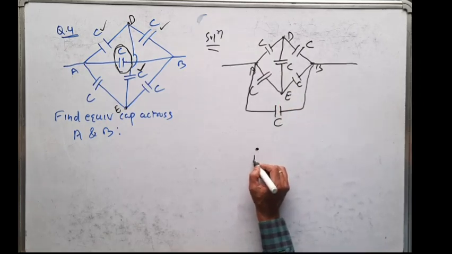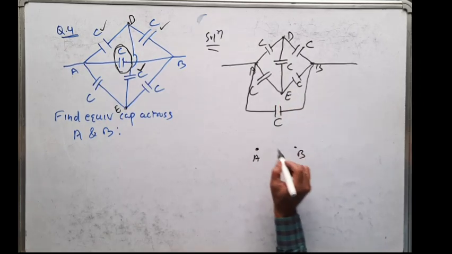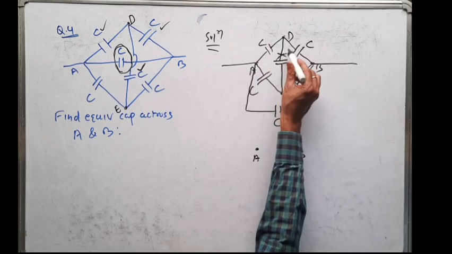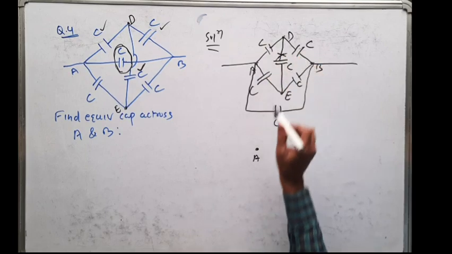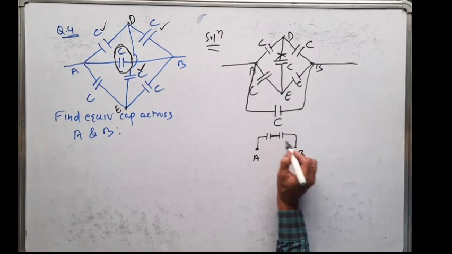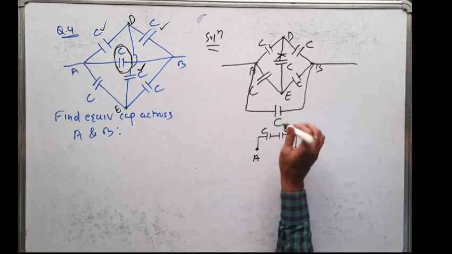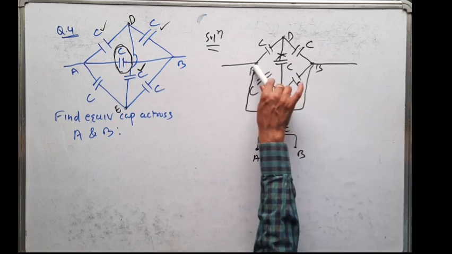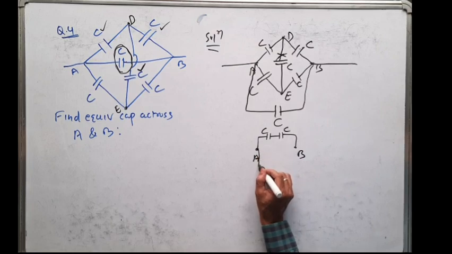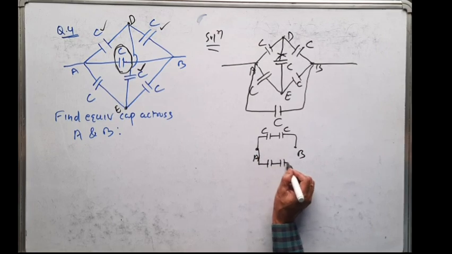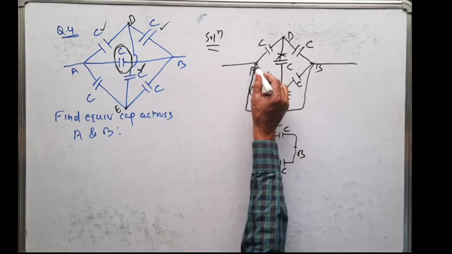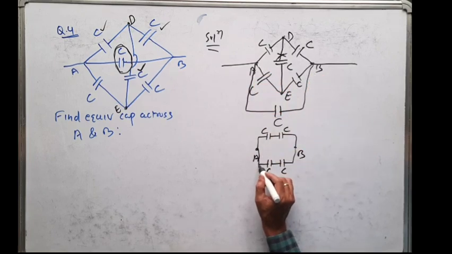If we remove it, this C and this C are connected in series, and this C and this C are also connected in series between A and B. And this C is connected across A and B in another path.